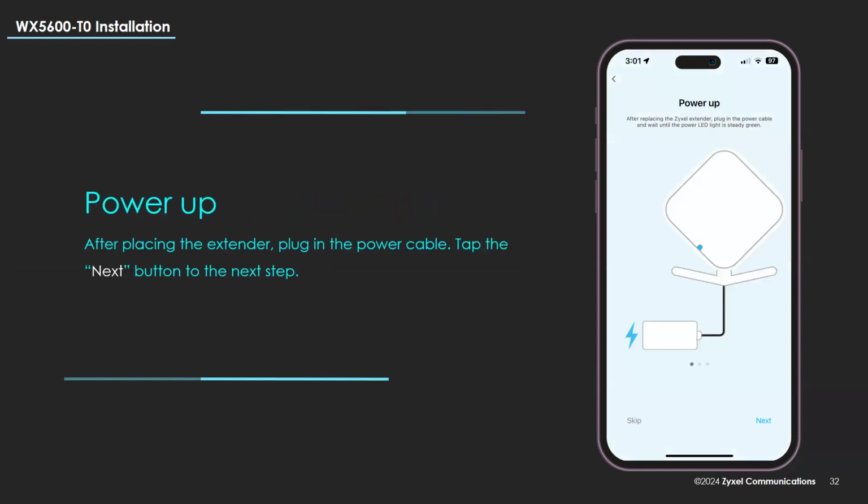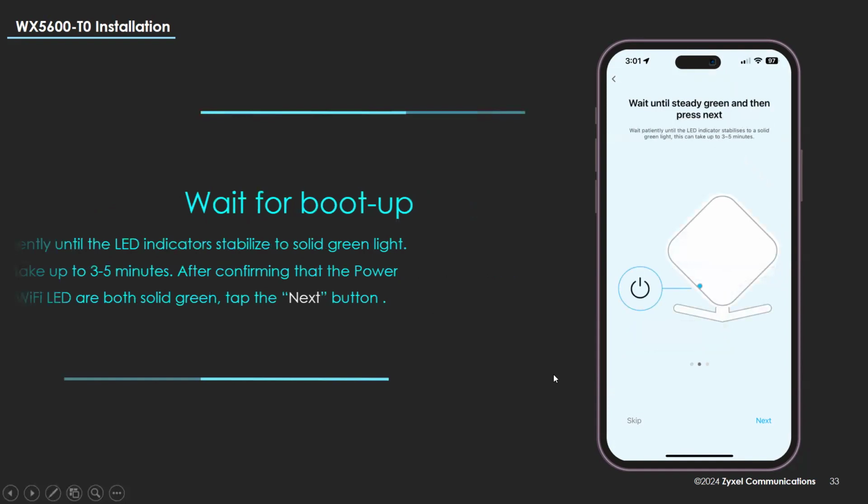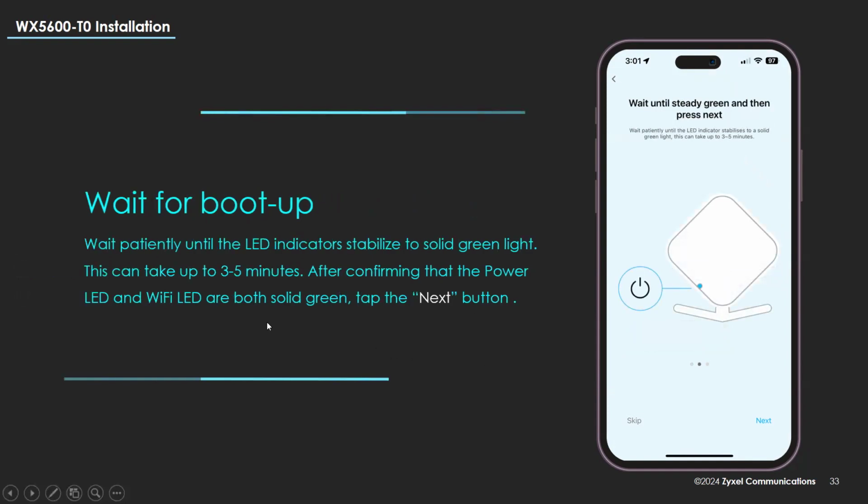So when you decide where to put your extender, we just follow the guide again to power up your extender devices. Like before, it tells us we need to wait around 3 to 5 minutes for the extender to boot up.